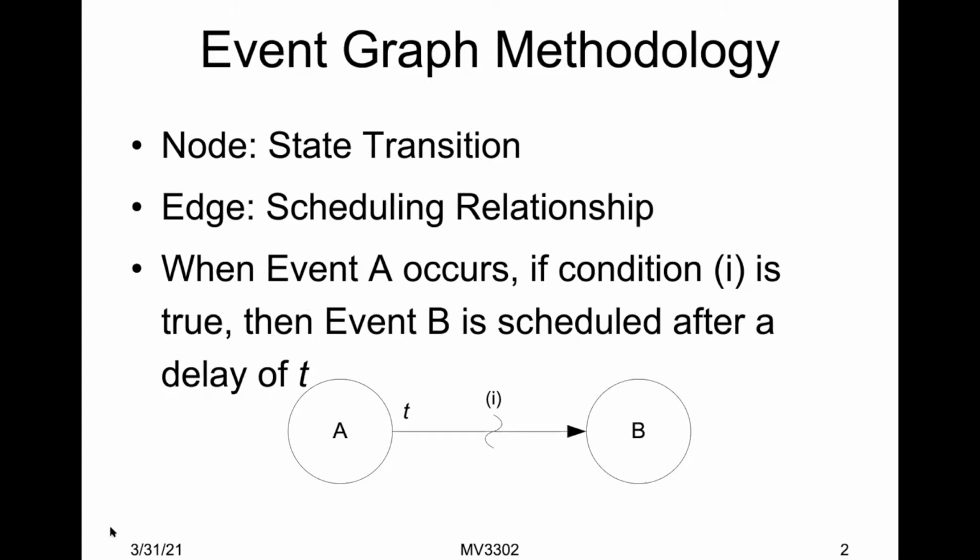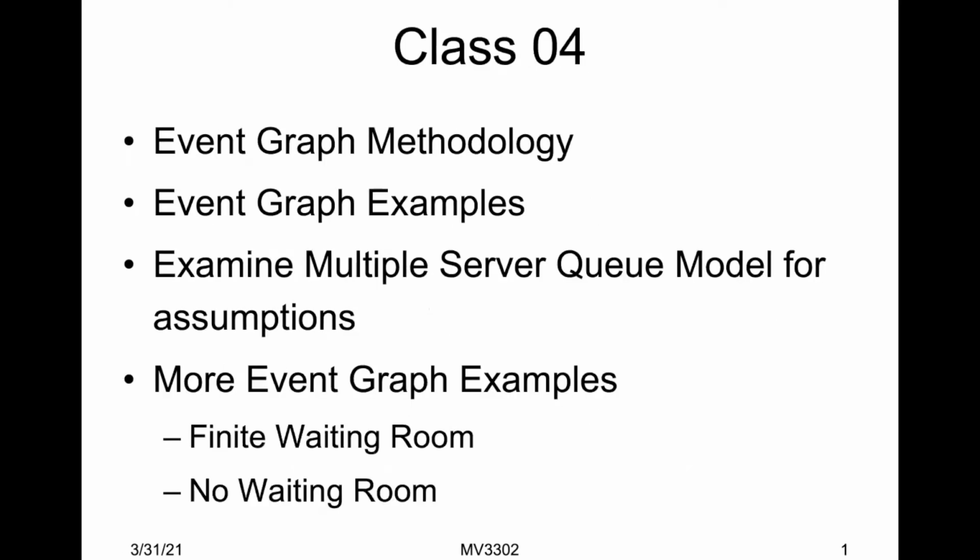So what event graph methodology does is it represents the scheduling relationship between events as a graph. Now, the term graph may seem a little odd. Basically, in this setting, what we mean by a graph are nodes and arcs. Nodes are circles, arcs or edges are the arrows that are between them. So what event graphs do is they identify the node, that is the circle, with the state transition.